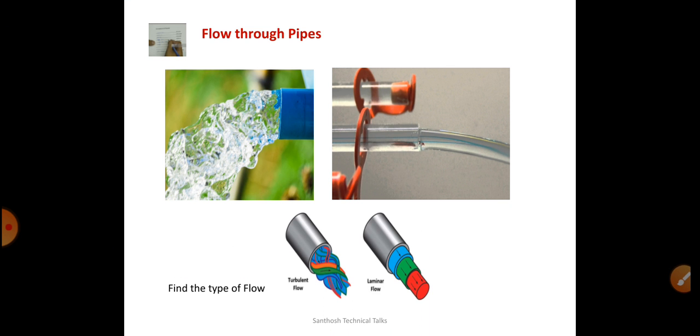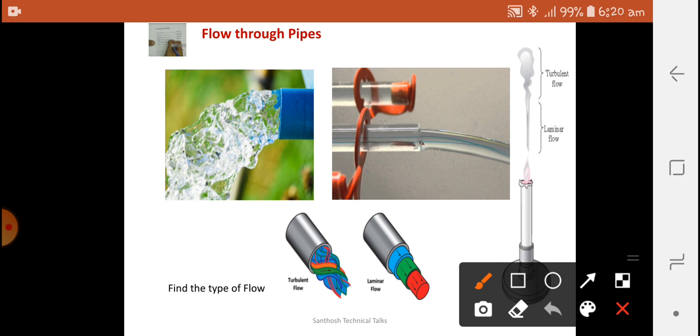A turbulent flow looks like a zigzag manner of the flow stream, whereas the laminar is the finite motion. You can easily visualize these two kinds of flow when you see a candle glowing.